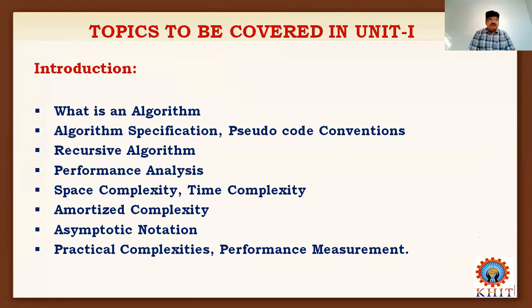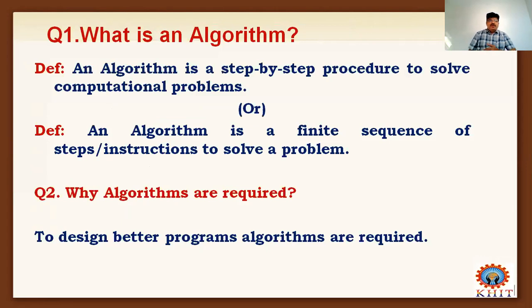You may expect questions at the university level from these topics. The first question is, what is an algorithm? Algorithm definition, they may ask as a 2 marks question in universities.